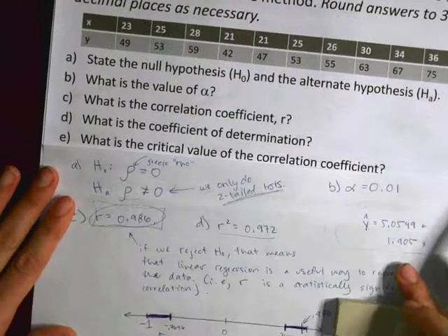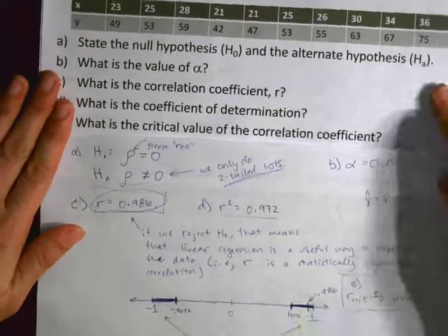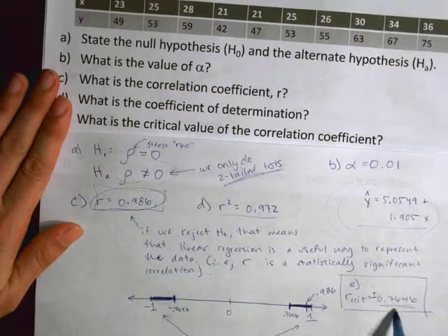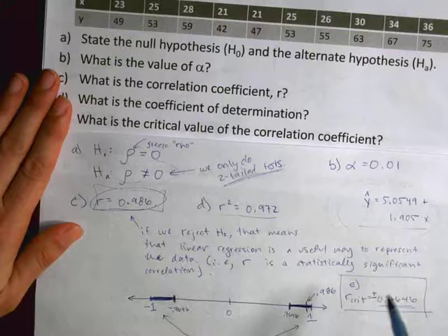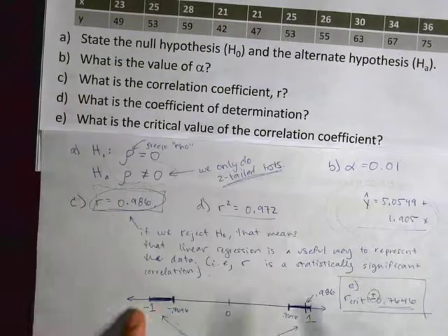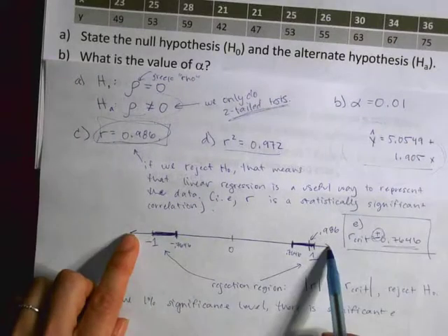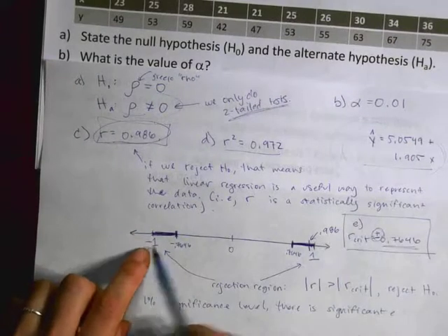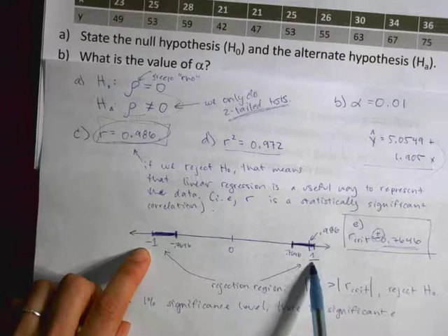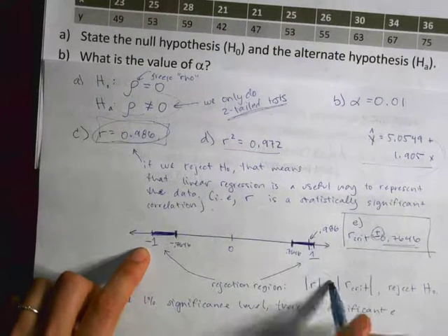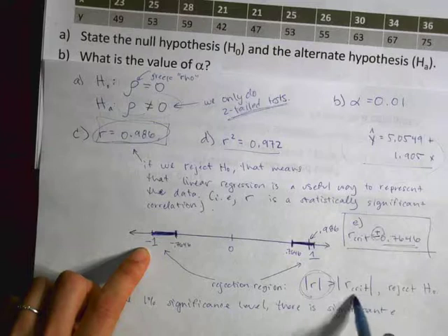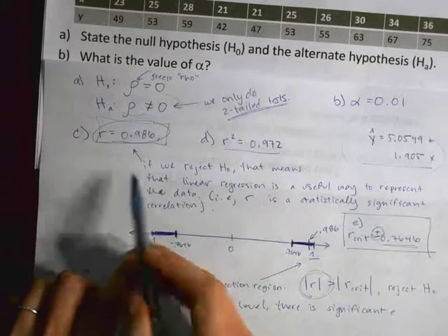So I come over here and I say that my answer to E is that the critical value of R is ±0.7646, and I put this plus or minus here, which is to say that here's the line that says what R can be. It can be as low as -1 or as high as +1. Any R value that is larger in magnitude than the critical value will allow us to reject the H0.